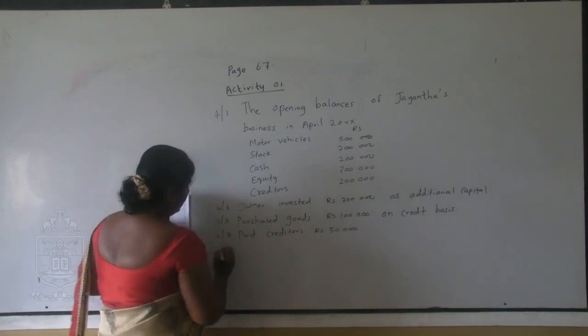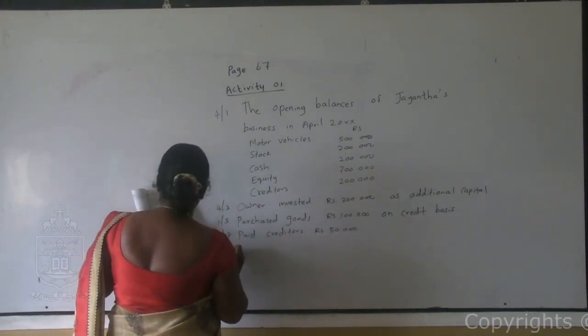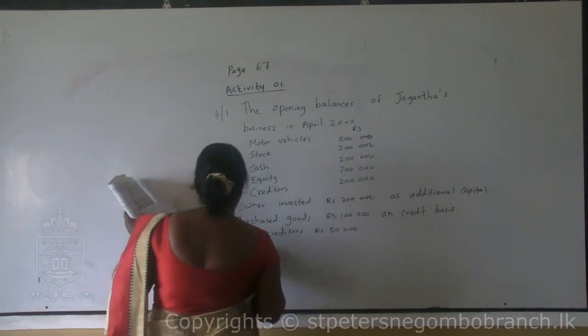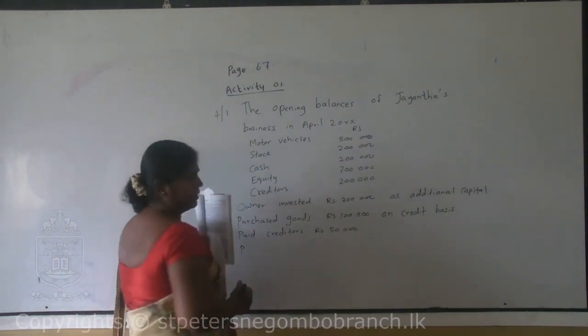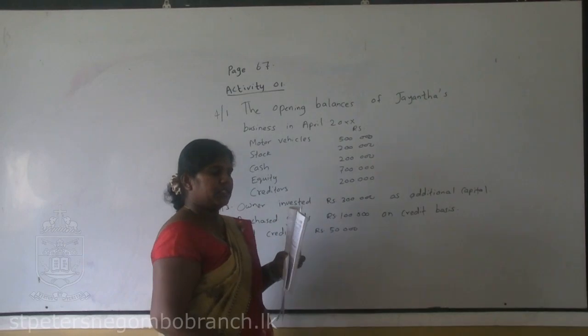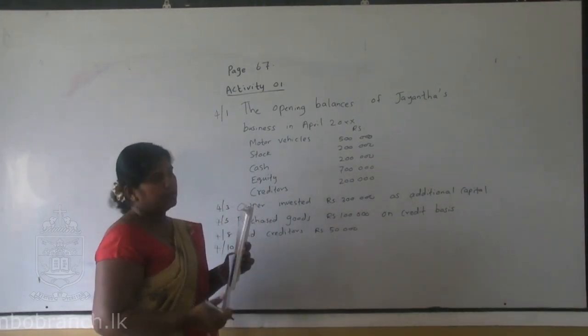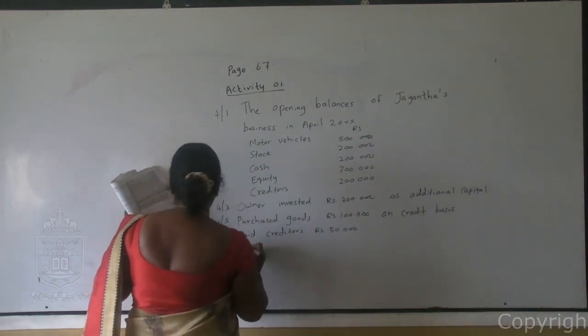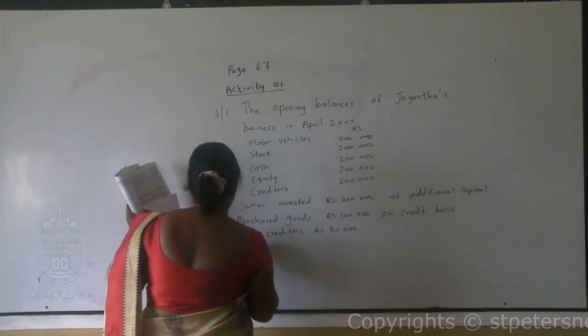So you should write the answer, the transaction: paid an expense, any expense. That expense may be salary, that expense may be a rent expense, any expense you can write here. Instead of that, I write the name of it, I write expense.